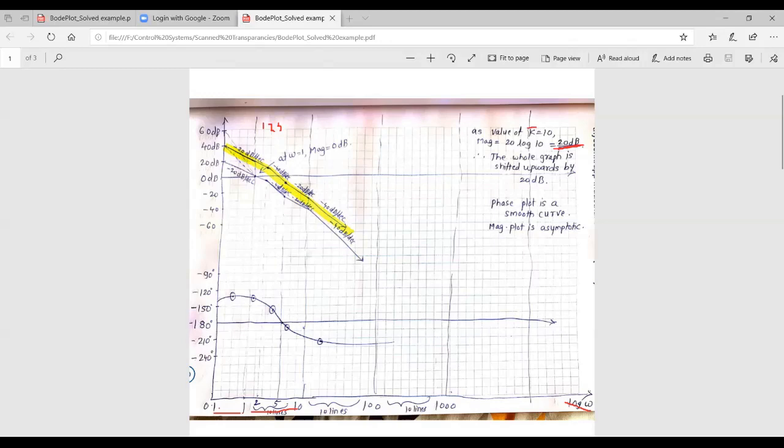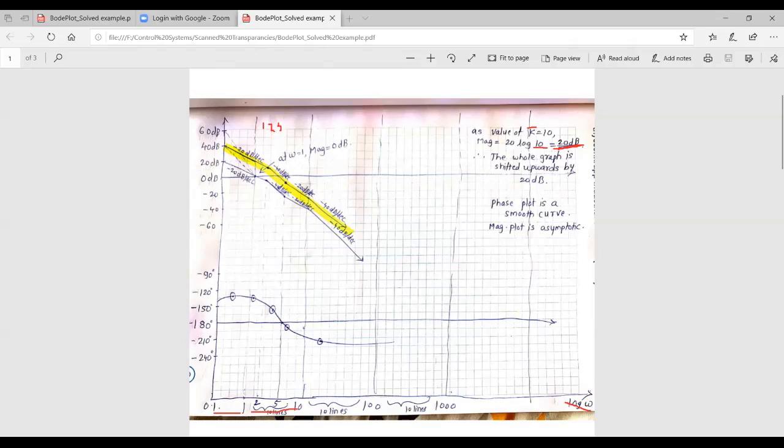So wherever you are in the Bode plot, while sketching the magnitude plot you will have to consider the value of K. In this particular problem, it is equal to 20 dB. We have calculated it by substituting the value of K and using the formula magnitude is equal to 20 log of K. So that comes out to be 20 dB. Now this effect of 20 dB has to be there on this whole plot.